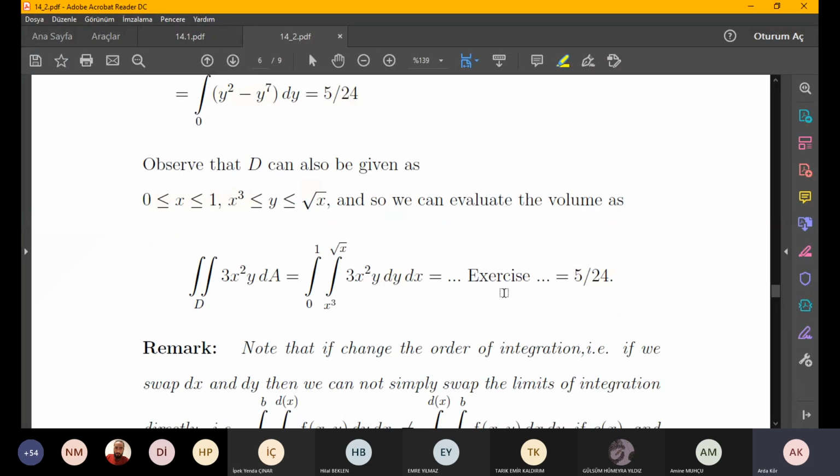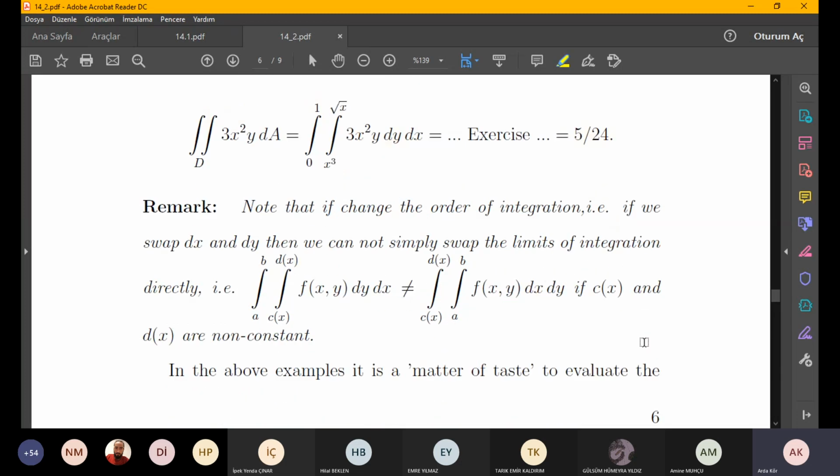As you can see in the example, if you change the order of integration, which means you swap dx and dy, then we cannot simply swap the limits of integration as we did for simple domains of both variables, so x simple and y simple domains.